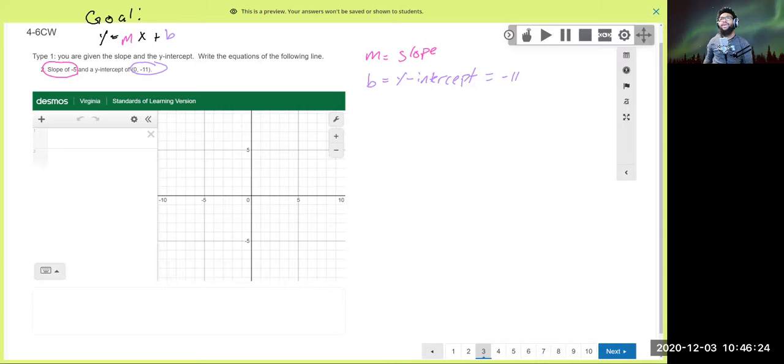So our answer, when we start to write it out, is y equals. Our m is this -5, so y equals -5x plus our b. And our b in this case is -11, so instead of plus, it'll be a minus. y equals -5x minus 11.